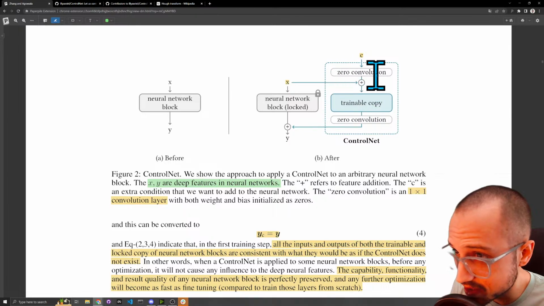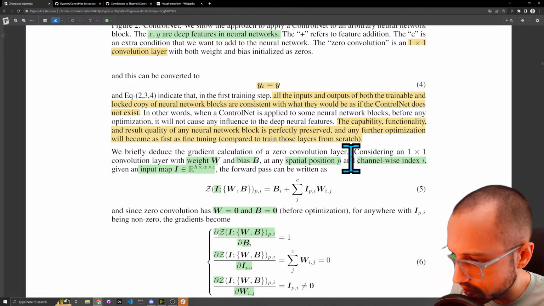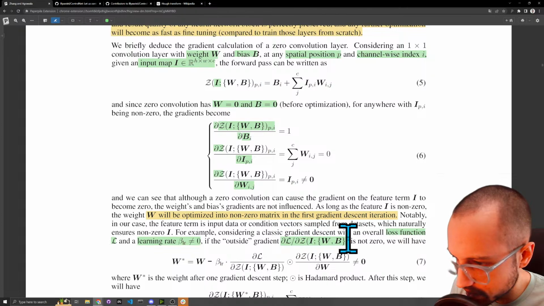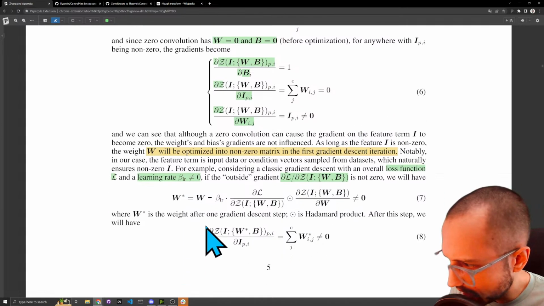This zero convolution block here is this here, and they're taking the gradient of the loss with respect to that. We will have W star, which is the weight after one gradient descent step.